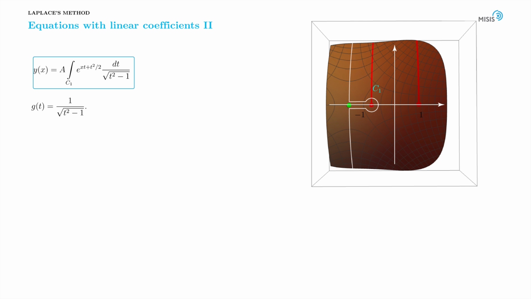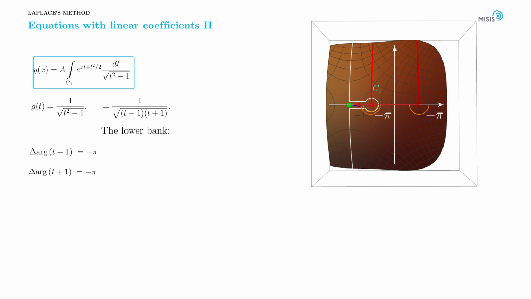So let's track down the change of the arguments of its constituents. When we go from the left real semi-axis to the lower bank of the contour, the change of the argument of the t minus 1 number is minus pi. The same is obviously true for t plus 1.